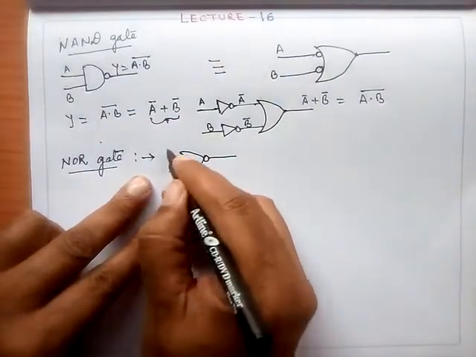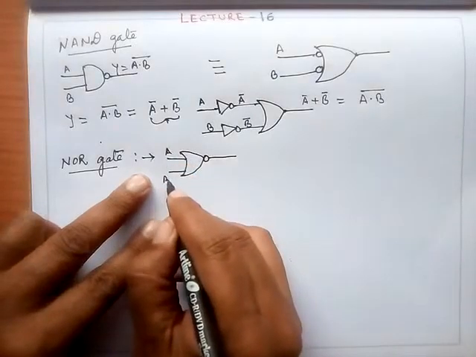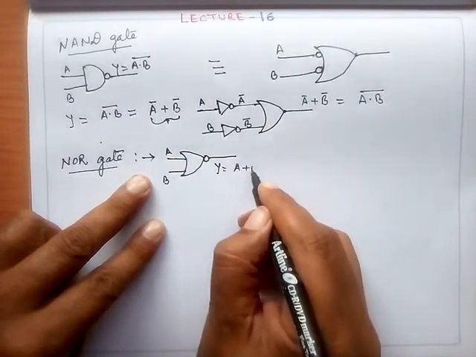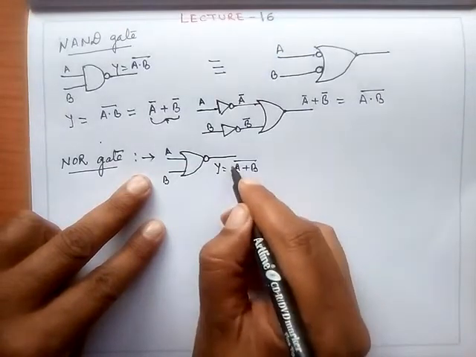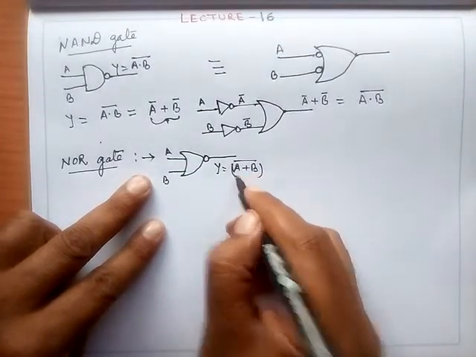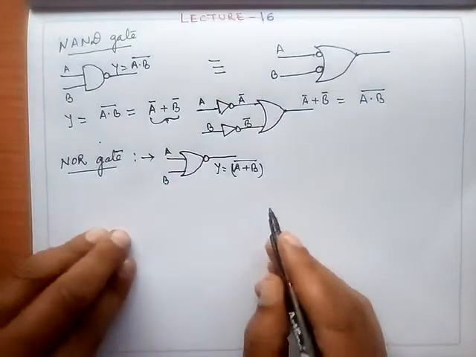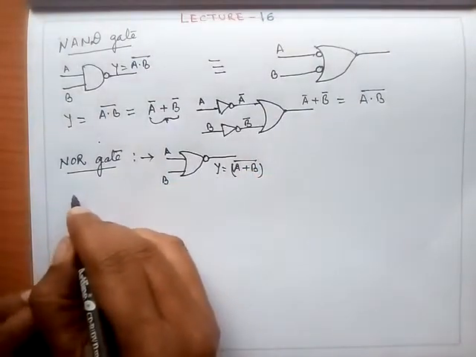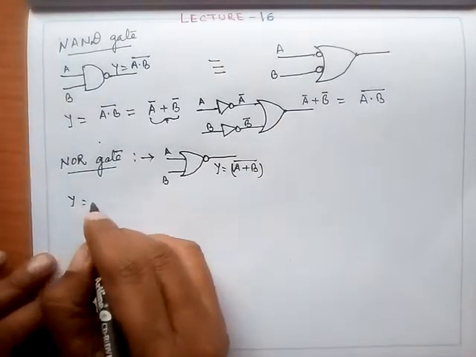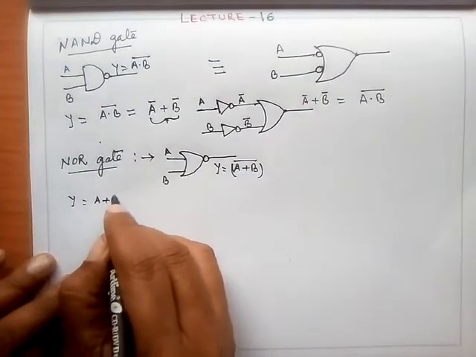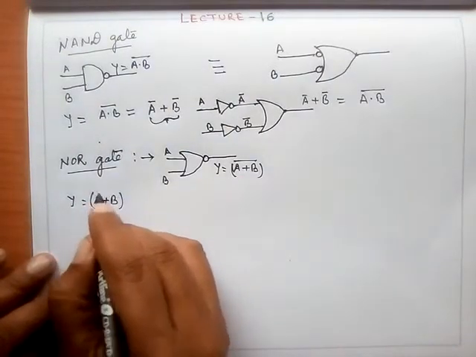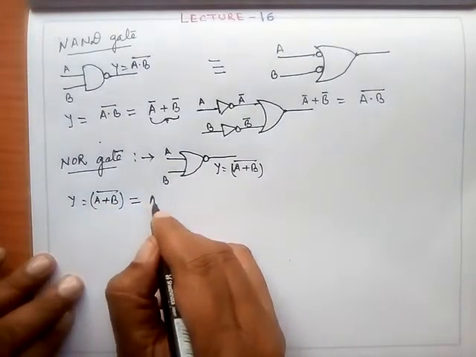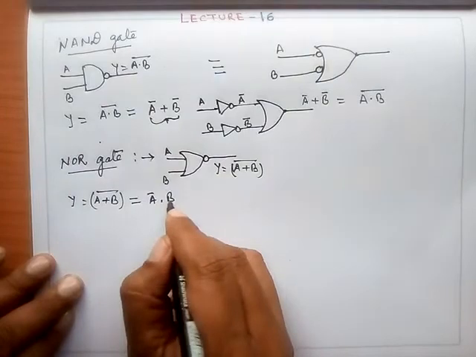And if you have two inputs A and B here, this output Y is equal to A plus B whole complement, whole bar. Now look at this function again, Y is equal to A plus B whole bar. By De Morgan theorem, this can be written as A complement dot B complement.